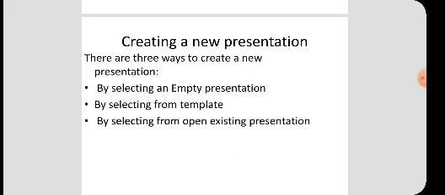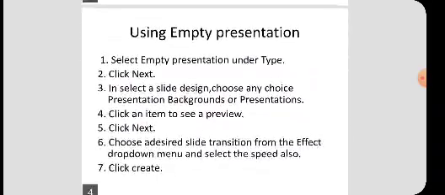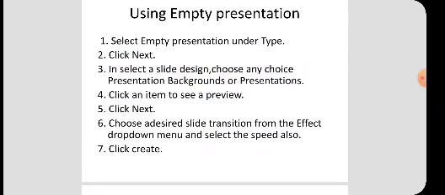So first we study about using empty presentation. If you click the empty presentation, what happens? First we see. So using empty presentation, first you have to select the category. Under the type, we have to select the empty presentation. So click next. So in the next slide, we have to select the slide design. So choose presentation backgrounds or presentations.